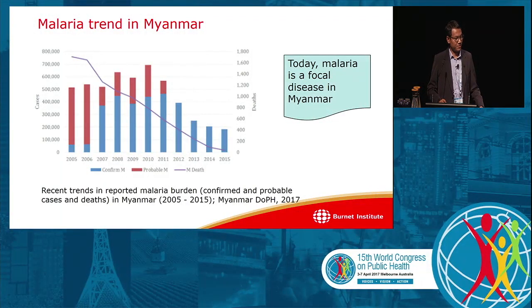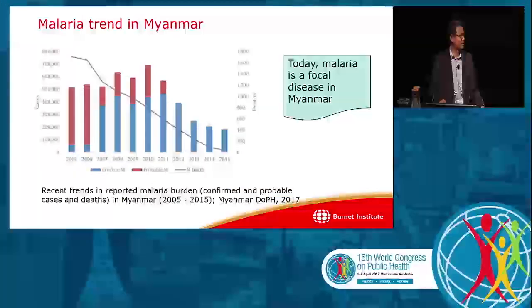We equip the community health workers with RDT, so they can do malaria diagnosis at the community level. Today, malaria is still a focal disease in Myanmar, but the real challenge is how we are going to test these focal areas in Myanmar.